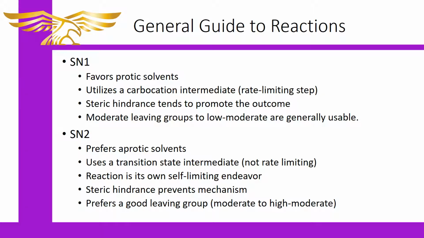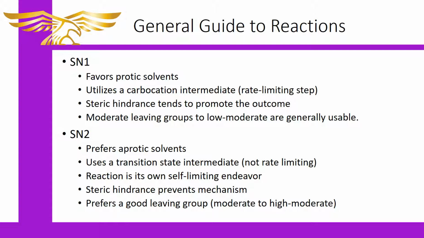In general, SN1 favors protic solvents. This is because it utilizes a carbocation intermediate, which is the rate-limiting step in the reaction. Protic solvents help to stabilize the carbocation in solution.